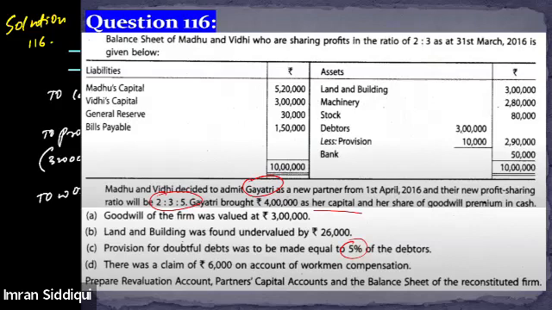Yes, it says that the land and building was found undervalued. Sorry, I thought it needed to be reduced by 26,000. The actual value of the land and building should be 3,26,000, but we have undervalued it by 26,000. That means the land and building must be increased by 26,000.